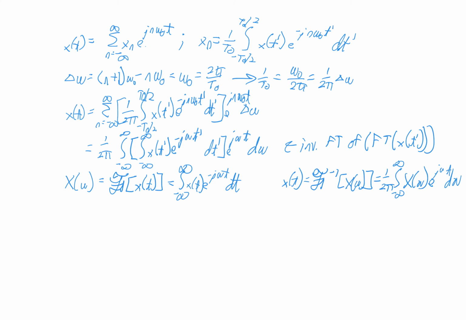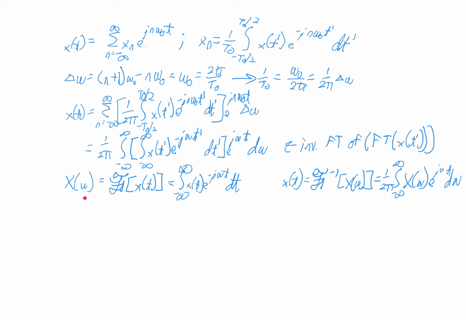So here we have a way to analyze a signal, take x of t, and do this integral, and now it becomes a function of frequency instead of a function of time. So that's the Fourier transform, or the forward Fourier transform.